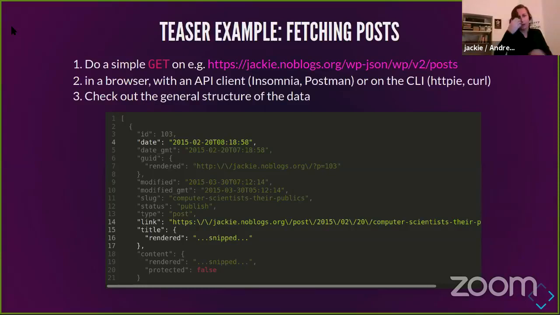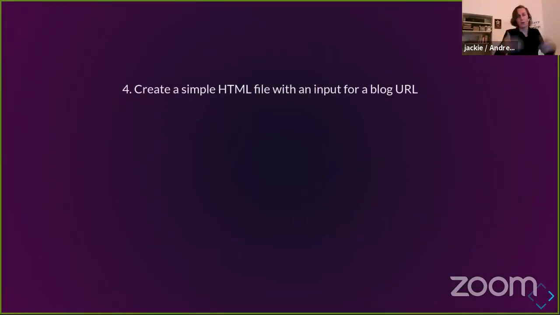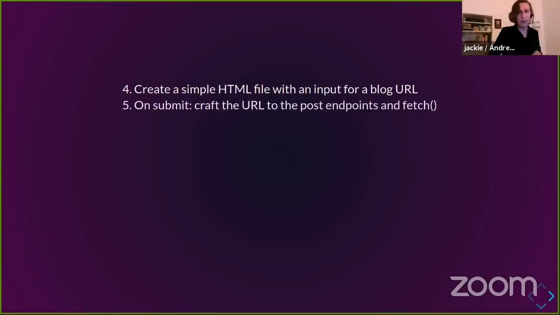The thing is, when I look at the data, I can see there are certain things which are in every item, which is, for example, a date, a link, a title in a rendered version. And let's say I want to do something with that. What can I do now? I can create a simple HTML file with an input field where the user can enter a blog URL and a submit button. And when the user clicks on submit, I craft the URL to the post endpoints because I know how it should look.